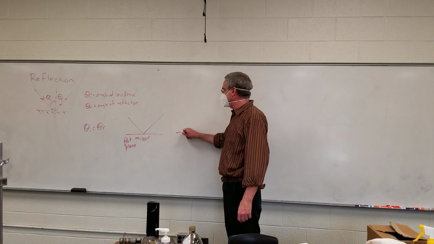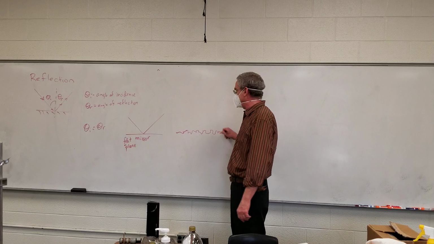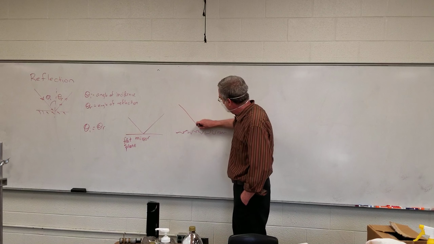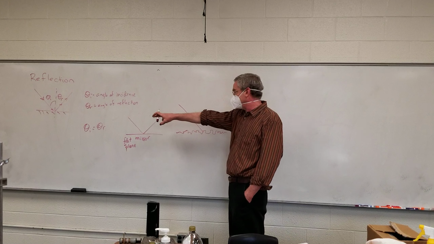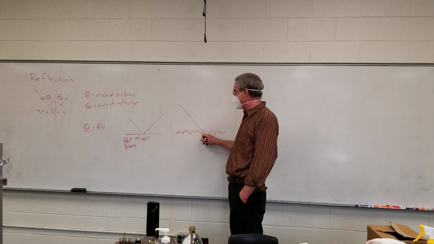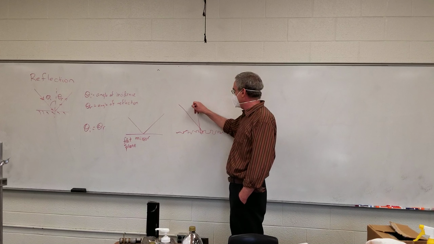If we go down on a microscopic level, no surface is perfectly smooth. The mirror is probably going to be the best that we can afford here. But if it's something like this, as the light comes in, this principle still holds true, but we don't necessarily see it because if it's not flat, that's gonna hit and bounce down here, which is then gonna bounce like there, and it's gonna be shooting off at that angle.